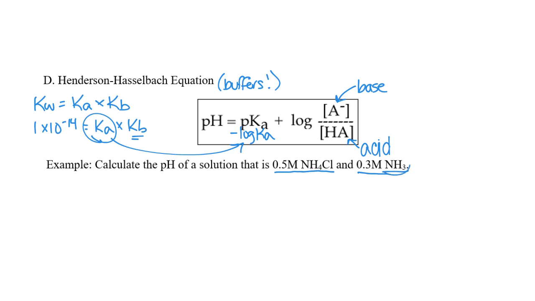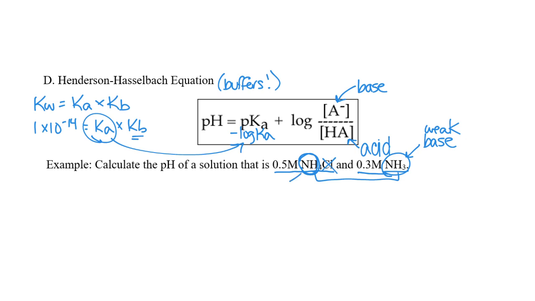Okay, so first of all, I'm going to see this, and I'm going to realize that's ammonia. And I've told you guys to memorize ammonia and know that that's considered a weak base. Now, the conjugate acid for ammonia is NH4+. So that's considered the common ion, and chlorine is not a part of the thing.